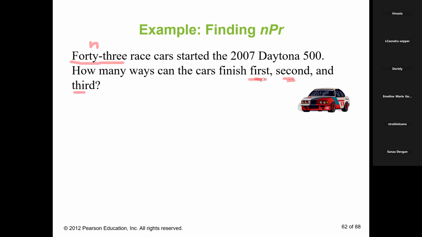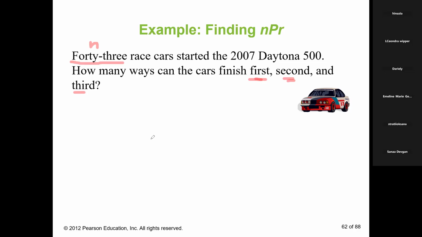In the United States, there is a president, a vice president, and someone else. The president is first, the vice president is second, the secretary of state is third, or the defense secretary is fourth. Here there is order.